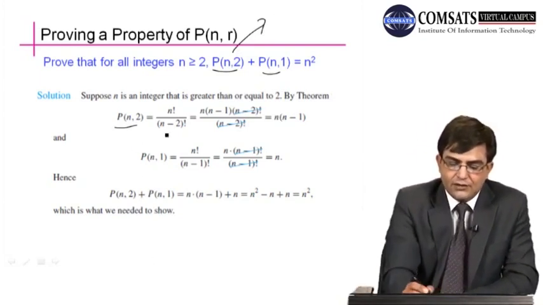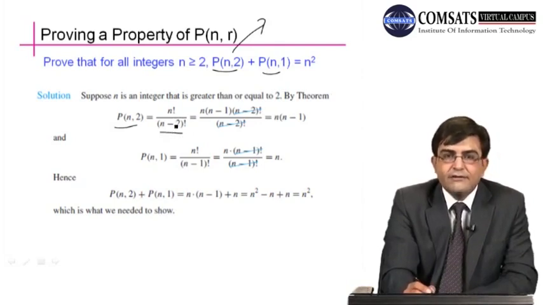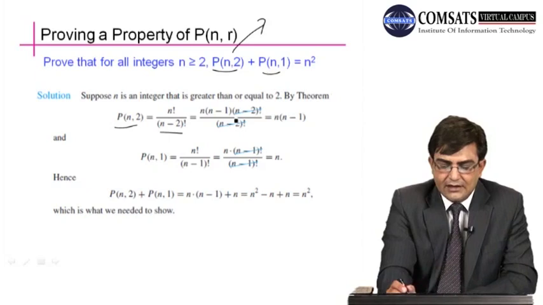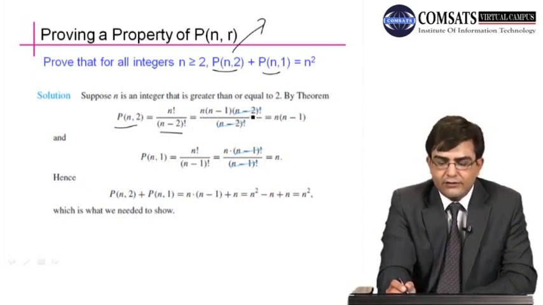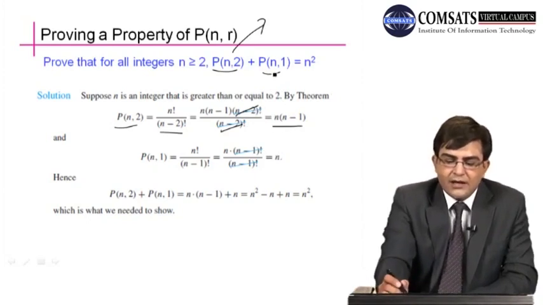We can simplify this as we open up n factorial up to n minus 2 factorial, so that it cancels out with the denominator. So n into n minus 1 into n minus 2 factorial. Now this cancels out with the n minus 2 factorial in the denominator, and we get n into n minus 1.